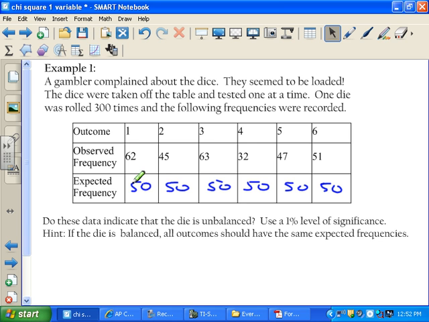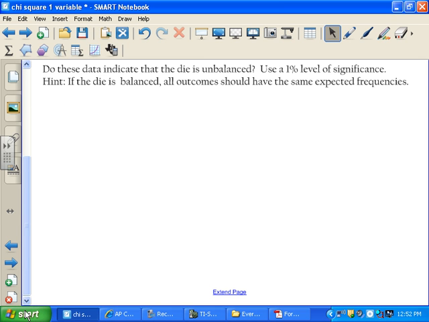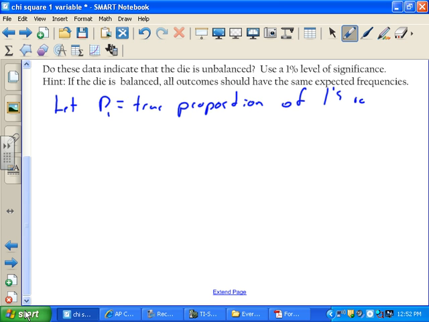Let's go ahead and get into the 8 steps now. Step 1, define what it is you're talking about. So we're going to let P1 equal the true proportion of 1s rolled, P2 will equal the true proportion of 2s rolled.